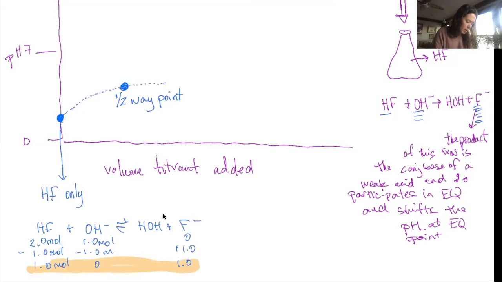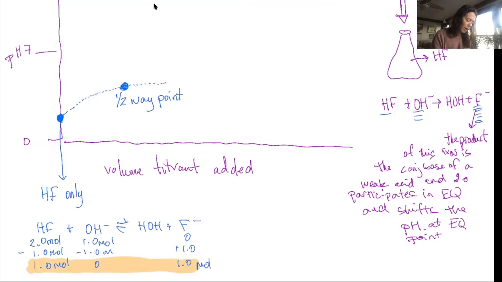So can you tell me what that means if I now have a solution that contains equal amounts of weak acid and its conjugate base? What type of solution is that? It's a perfect buffer solution, right?